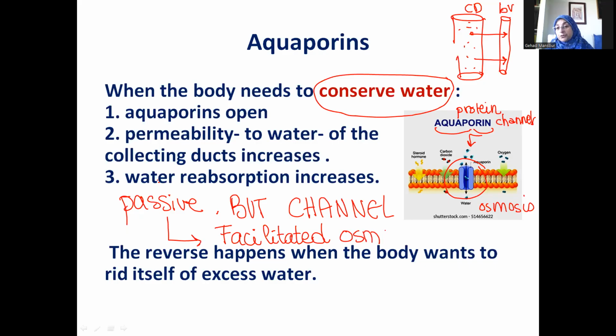We do not use the term facilitated osmosis, but I'm just saying it to remind you that when water passes via aquaporins, this is not regular osmosis, but a bulky type of osmosis that allows the passage of much larger amounts of water, but still passively, without the use of energy, down the concentration gradient.